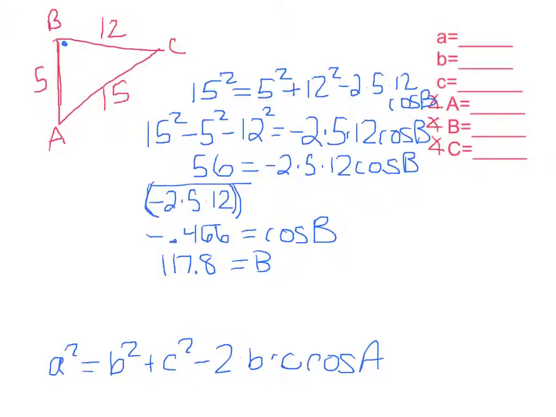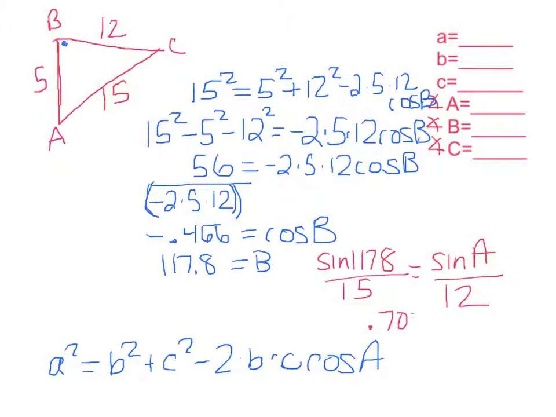Now we have an angle and the side across from it, so that's pretty helpful. Now we can set up the law of sines. And again, for this law of sines, you can do whatever you want. I'm going to do the sine of 117.8 over 15 is equal to the sine of A over 12. Okay, if you do this, you end up with 0.7074 approximately for sine A, so A is going to equal about 45 degrees.